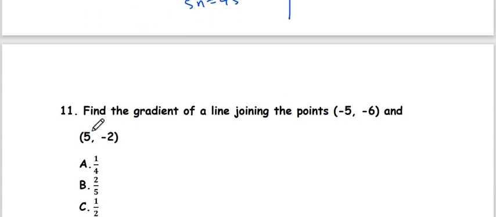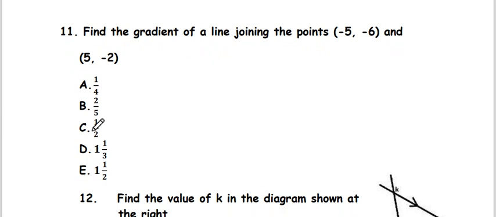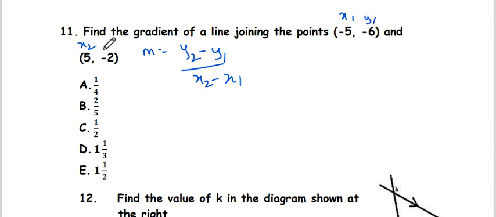Number 11, find the gradient of a line joining the points minus 5, minus 6, and 5, minus 2. The formula here is gradient. The formula is y2 minus y1 divided by x2 minus x1. These are x1, y1, x2, y2.